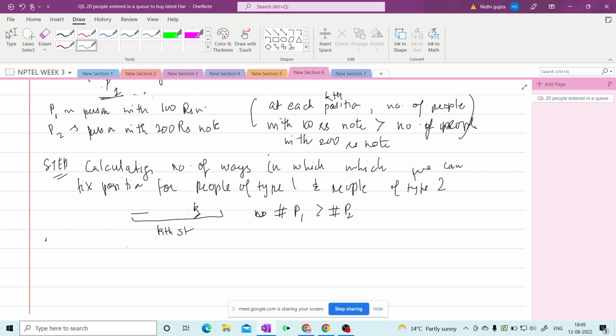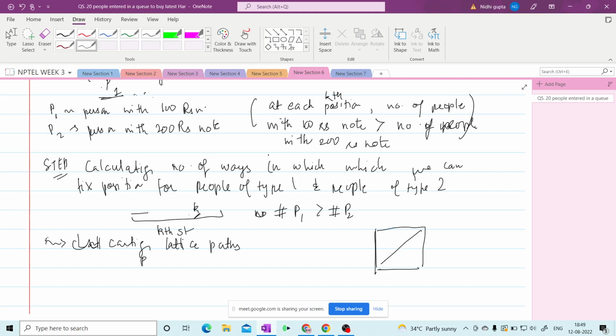So let's say this is related to lattice path counting. Just draw the diagonal over there, and try to always stay on one side of the diagonal. We can define whichever way, depending on whether 100 or 200 comes first.